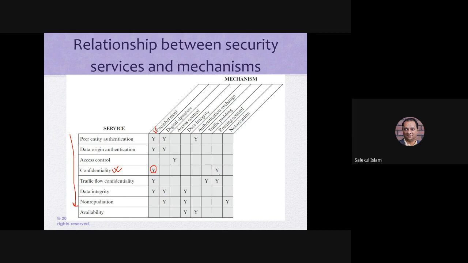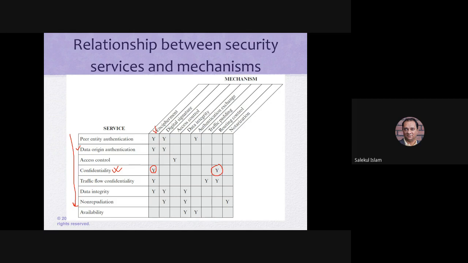Also, you need some routing control. So this is another mechanism. Or, for example, data origin authentication. Data origin authentication means who has originated this data.